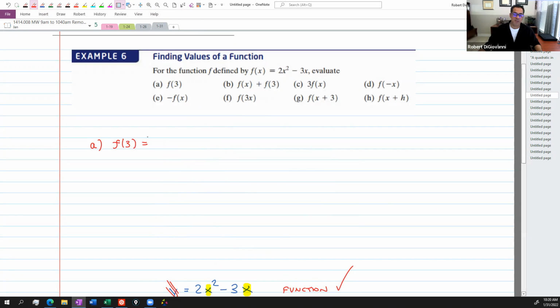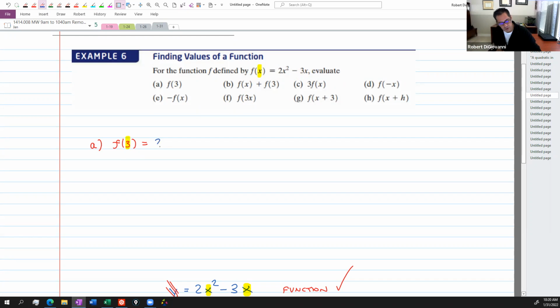Can somebody explain in very simple terms what I have to do here to find f of 3? Not y being 3. Here the x is being replaced with 3. So just rewrite this, but replace the x's with 3's. Everywhere you see an x, just plug a 3 in instead.